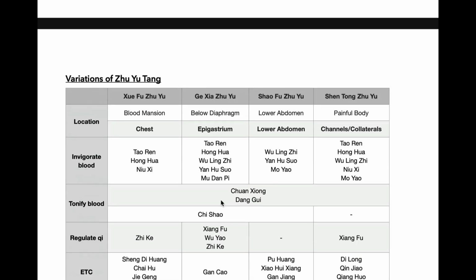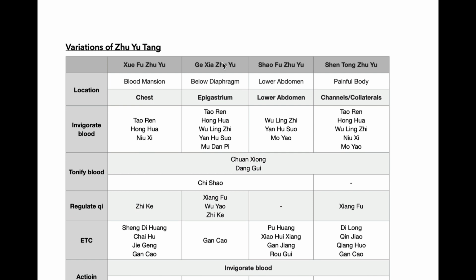Let's just summarize here: Jushu is the chest, Geisha the epigastrium, Shaofu the lower abdomen, and Shantong the body, the collaterals, meridians, open collaterals. So this is for joints, this is for menstruation and the uterus, and this is for the gastrointestinal system.